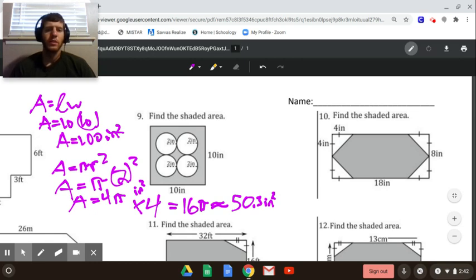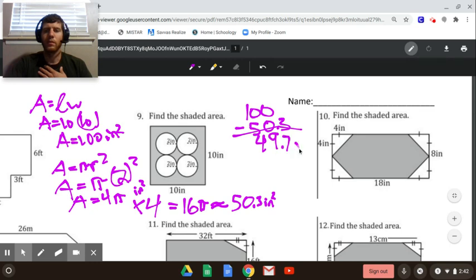So if we want the area of the shaded part, we're going to have to take the area of the whole thing, which is 100, and subtract the area of the unshaded part, the area of the circles, which is 50.3. And we end up with 49.7 inches squared as our area of the shaded region.